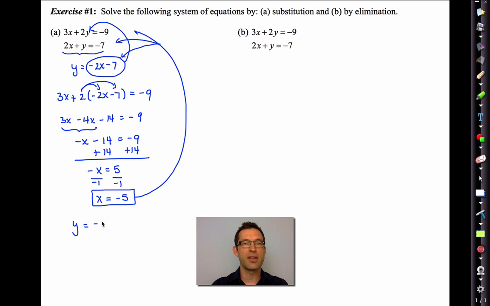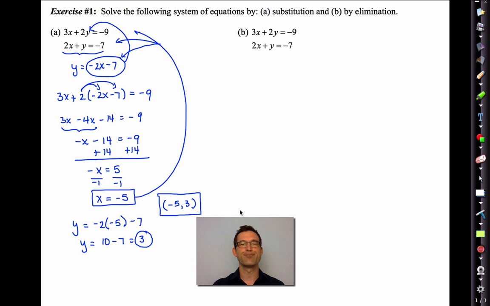I'm going to put that negative 5 into the rule that says y is negative 2 times x minus 7. Of course, a negative times a negative is a positive, so we'll have positive 10 minus 7, and then we'll get positive 3. It's completely okay to leave your answers that way. A lot of times students will prefer to put them as a coordinate point, negative 5, 3, because that's actually the point where those 2 lines intersect each other.